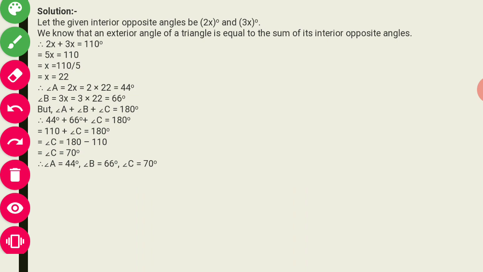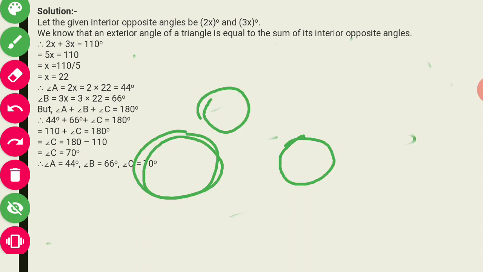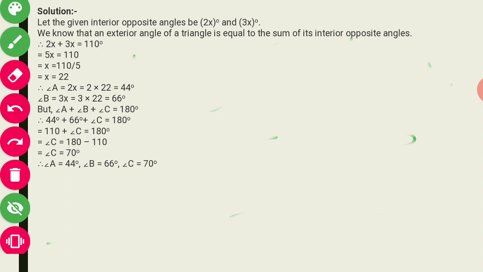As you know, the sum of the interior angles is equal to the exterior angle. So 2x plus 3x will be equal to 110 degrees. 2x plus 3x will give you 5x, which is 110 degrees, and from this, when you divide 110 by 5, you will get the value of x as 22 degrees.